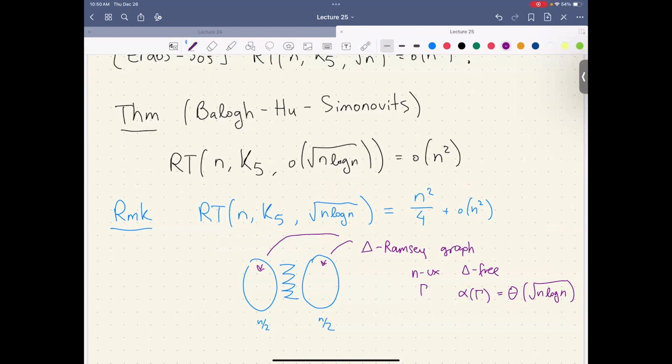So independence number is satisfied at most square root n log n. And there's no triangle. No triangle means no K5, right? If you have a K5, by pigeonhole, you must have a triangle on one side. So there is this transition of density when you drop at this tiny window. We call this phase transition.